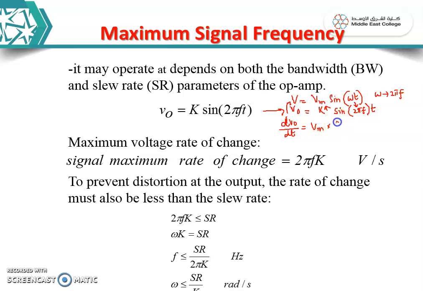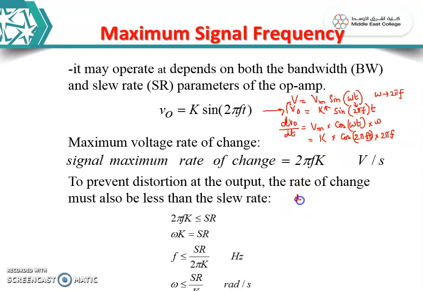The differential of sine is cos omega t multiplied by omega. So if I write it for the second equation, it would be K into cos 2 pi ft into 2 pi f. So this is your dV0 by dt.